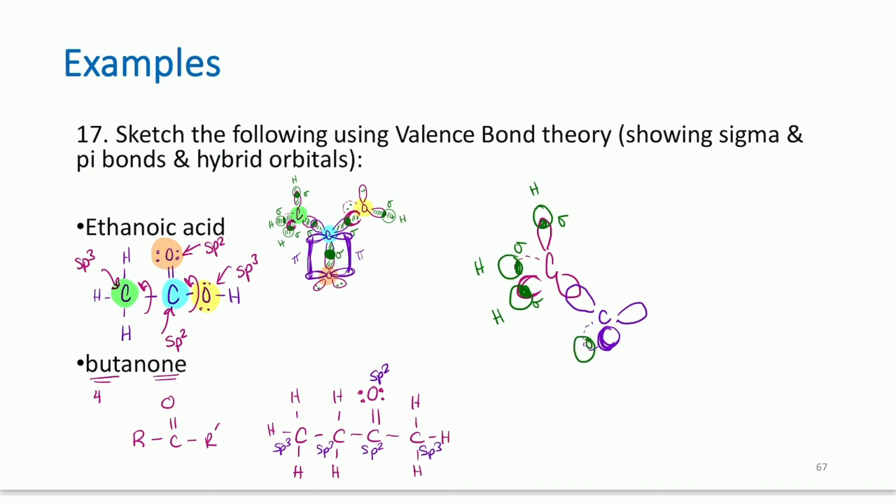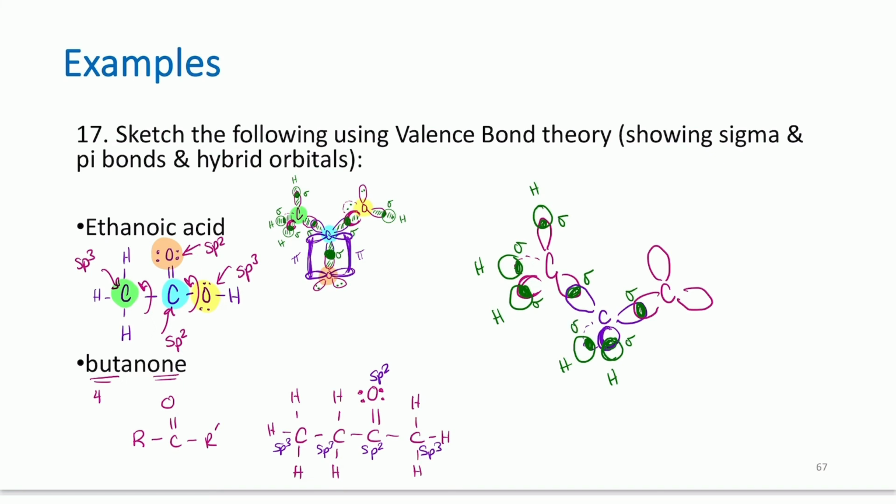Which has 2 sigma bonds to hydrogens. That's a sigma bond. And a sigma bond to another carbon atom. This carbon is trigonal planar in structure because it is sp2 hybridized. So this is another sigma.